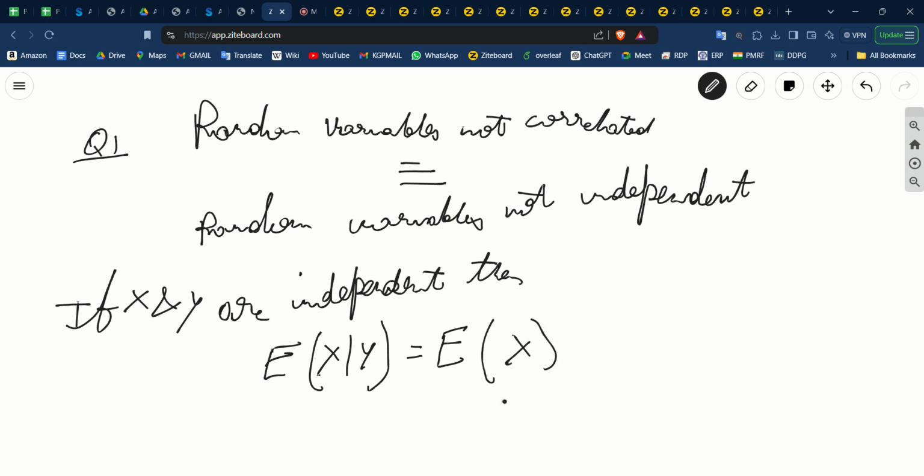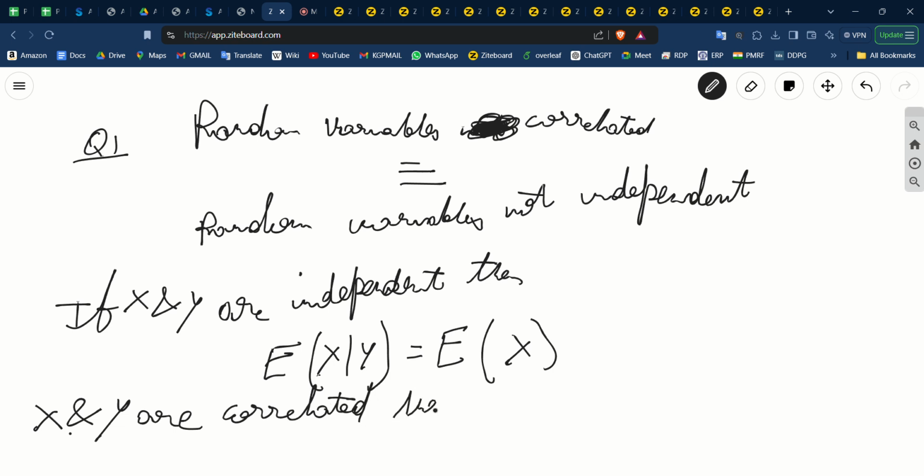Independence means that x given y and x have the same expectation. So the expectation of x does not depend on y. So if x and y are correlated, that means they are not independent.